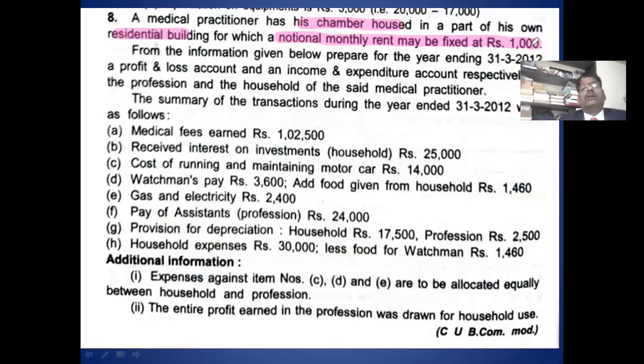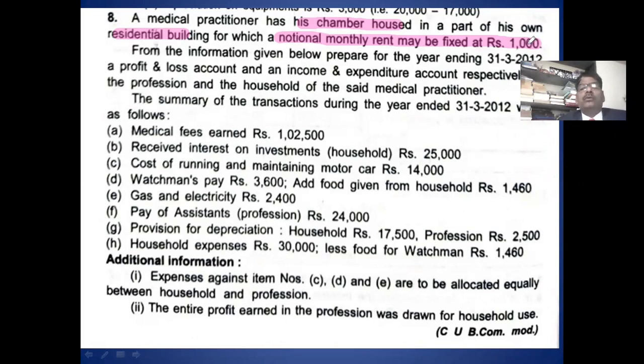It is notional because the owner is the doctor himself. There is no need of paying the rent. Only accounting treatment you have to make. Okay. So this is the first point.